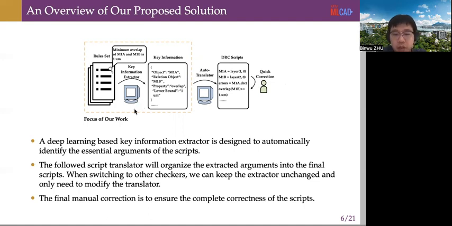However, deep learning-based model cannot ensure 100% accuracy. The final manual correction is to guarantee the complete correctness of the scripts. Of course, the manual correction workload is determined by the accuracy of the extracted key information. Therefore, optimizing the performance of the key information extractor is critical to the efficiency of our flow, which is also the focus of our work.